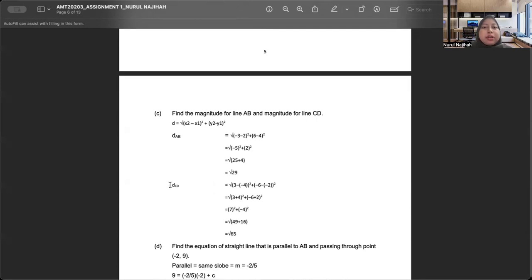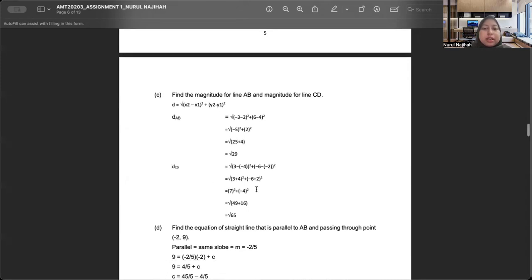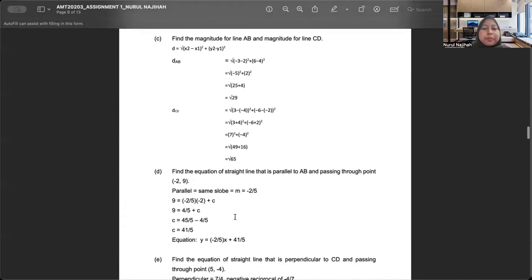On the other hand, for the magnitude of line CD, using the same coordinates just now, we just replace in the formula stated, and in the calculation we will get square root 65. After we set up here the power of 2, and then we square root at the last, and we will have square root 65.